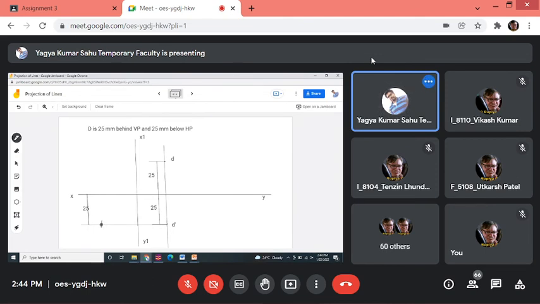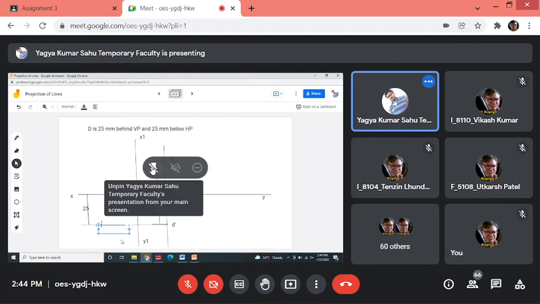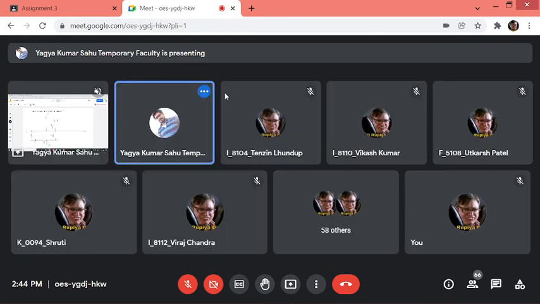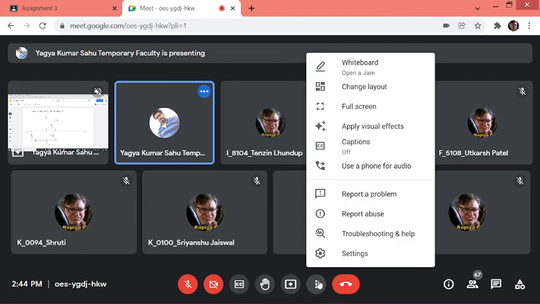This one is the side view, P double dash, or D double dash, because the name of the point is D. And this will be the shortest distance, which is nothing but 25, which is P1.